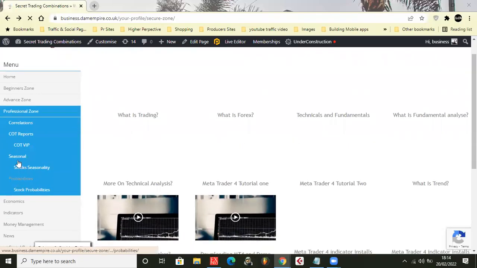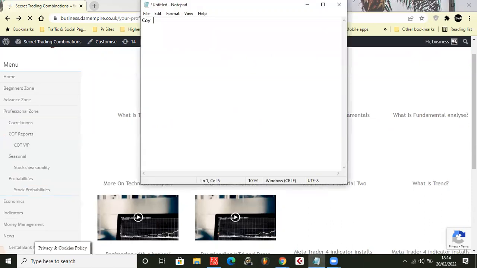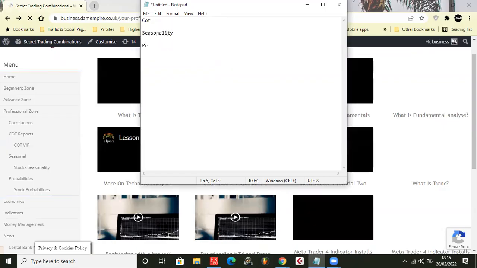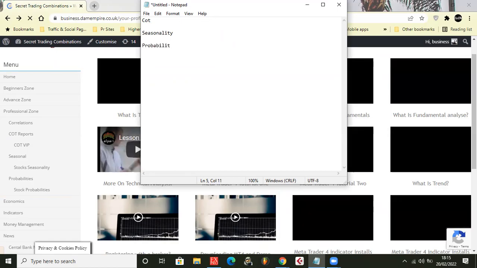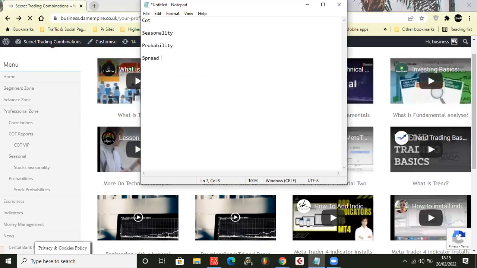So the first thing I want to look into is, for the guys that are new, we have 3 tools. There's one called the COT. There's one called the seasonality. There's one called probability. And there's actually one called spread. I just call it spread anyway. Now, these 4 tools, I said 3, but there's 4. These 3 are online.